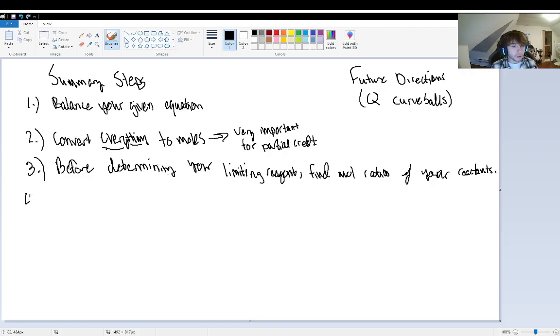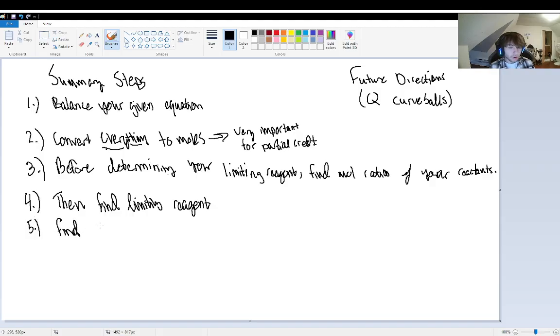Then find the limiting reagent. Once you find your limiting reagent, the next step is to find the mole ratio of limiting reagent to your product.